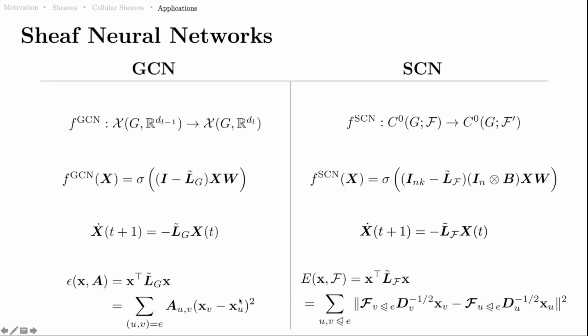But note that we have this extra value of these restriction maps in the sheaf case, which would allow us to learn non-smooth or non-flat representations, in that we're not requiring xv and xu to be equivalent as we are in the graph convolutional neural network case.